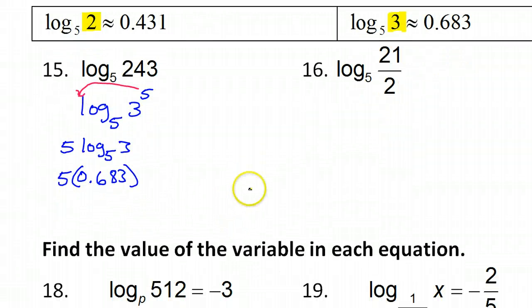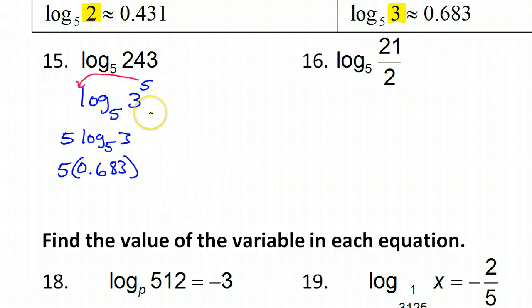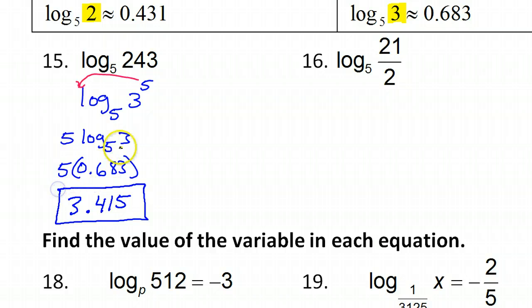Alright, and though we will not be allowed to use a TI-30XS MultiView, we can use our bootleg 4-function calculator, which I'm going to do right now. So this would be 5 times 0.683, and that will be 3.415. Okay, so that's number 15.